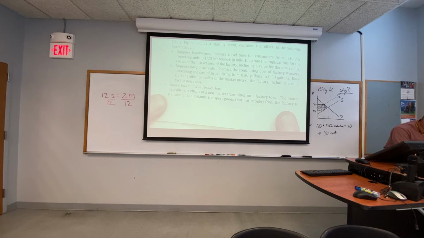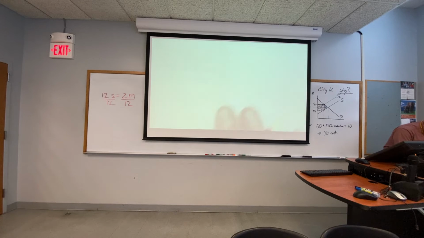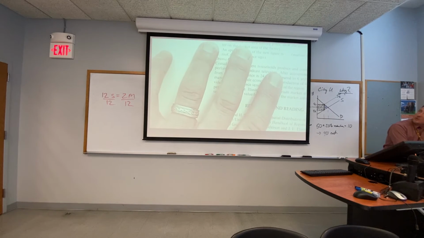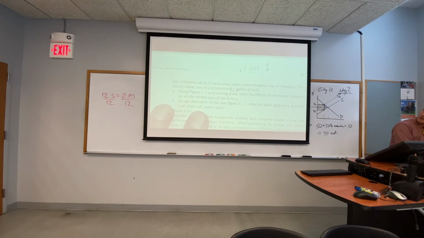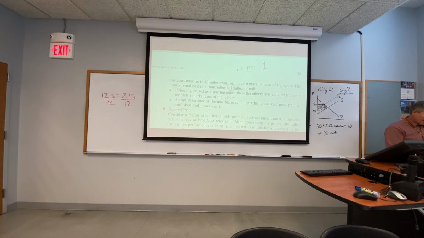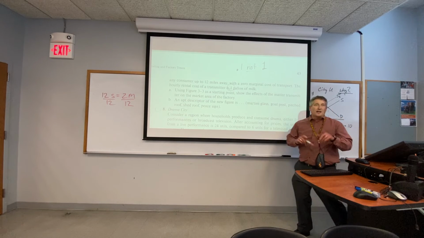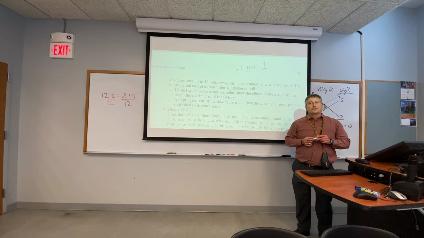Consider the effects of a new matter transmitter. The matter transmitter instantly transports goods, but not people, from the factory to any consumer up to 12 miles away, with a zero marginal cost of transport. The hourly rental of the transmitter is 0.1, so we did that little adjustment. Using this as a starting point, what's it going to look like? I don't know if this is the best one for what you were asking, Bryce, but we ended up getting the goalpost on this one.